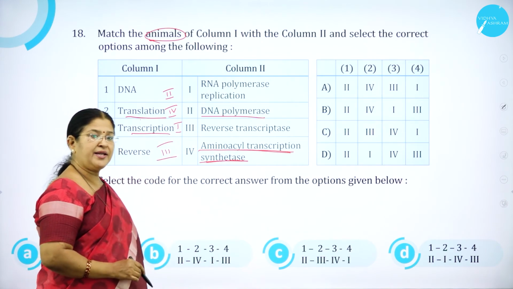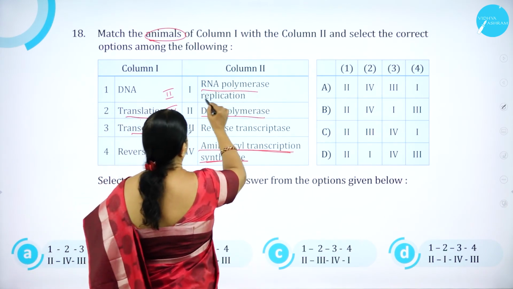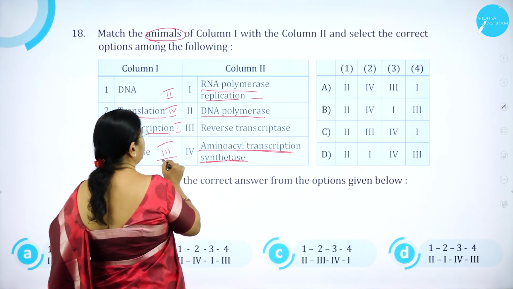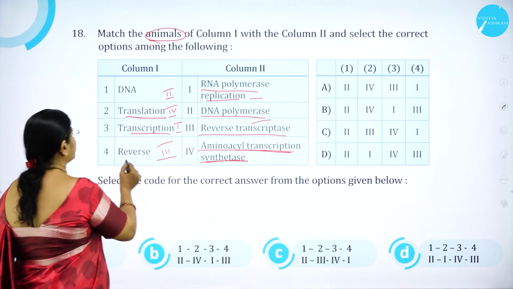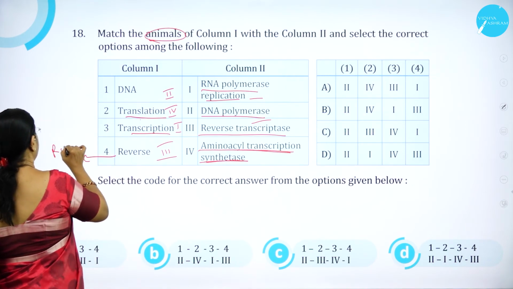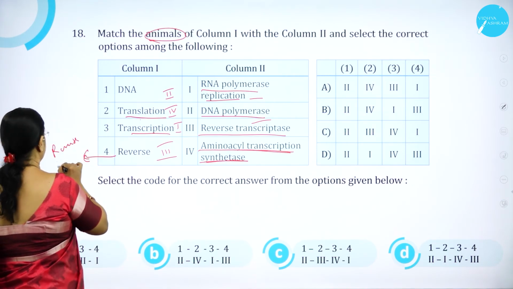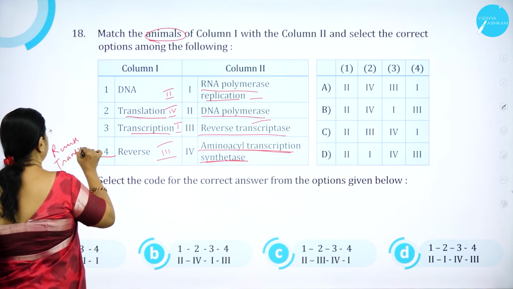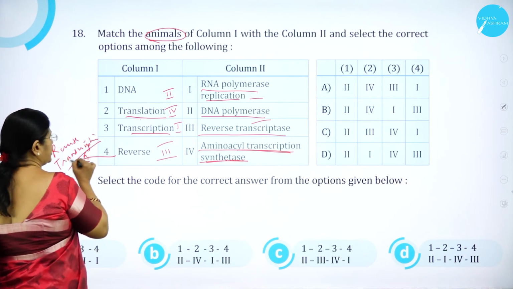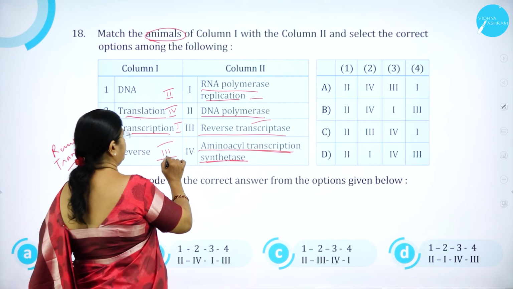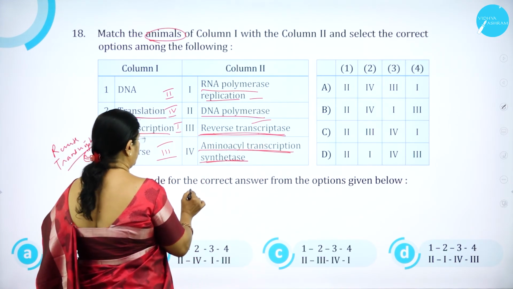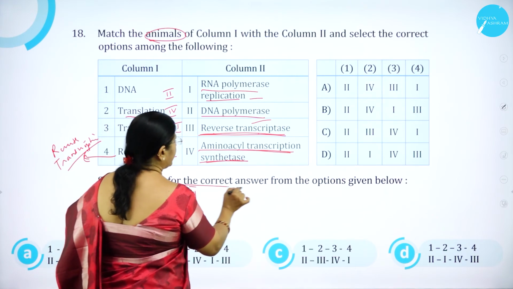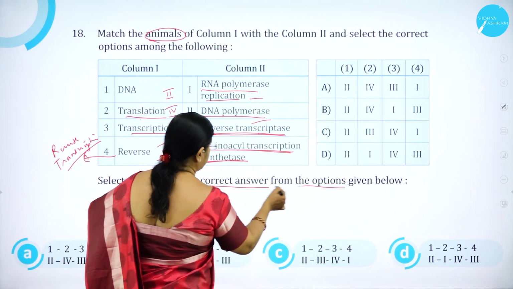Transcription, RNA polymerase. Then reverse, reverse transcriptase. For reverse transcription, the enzyme that is involved is reverse transcriptase. So, select the correct answer from the options given below.